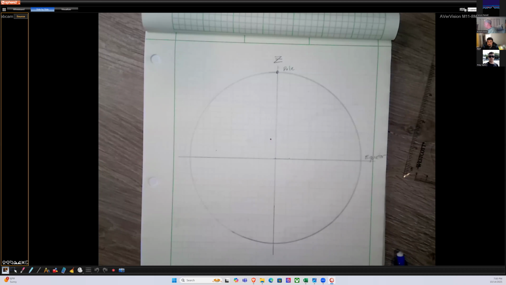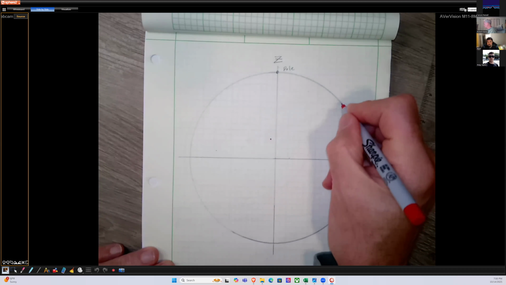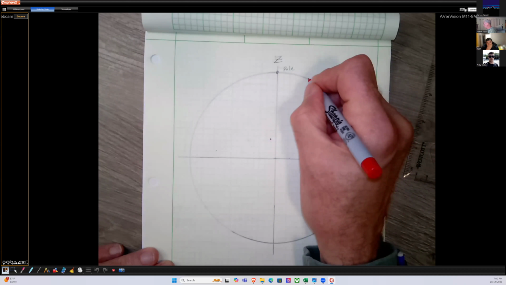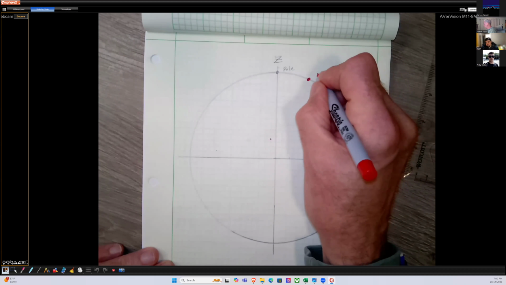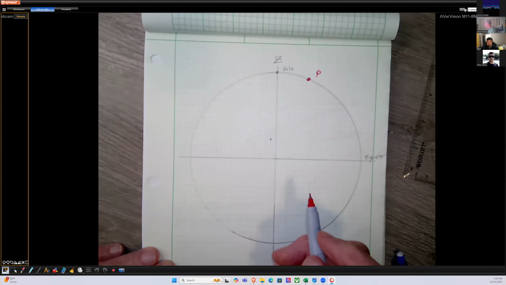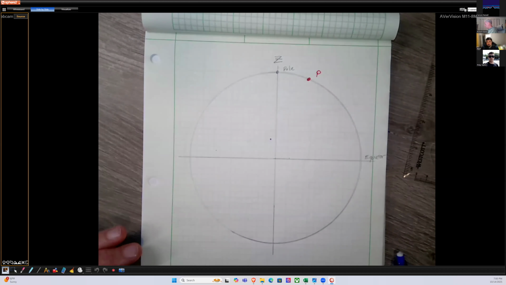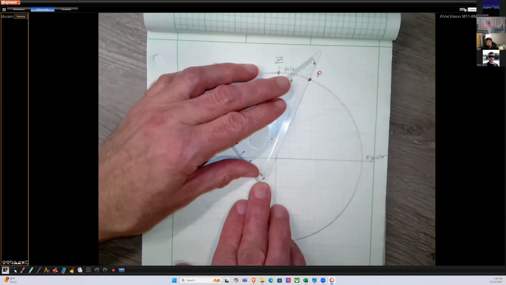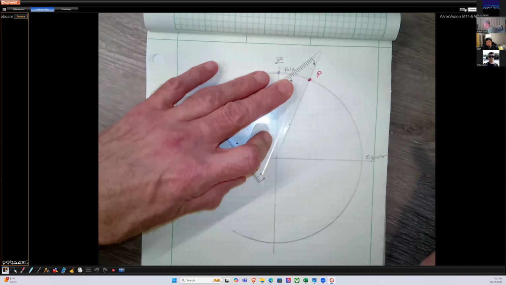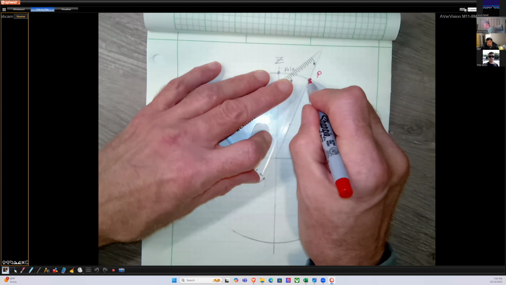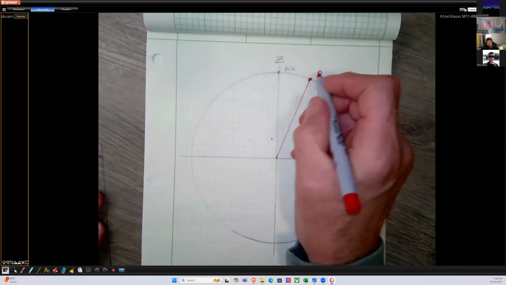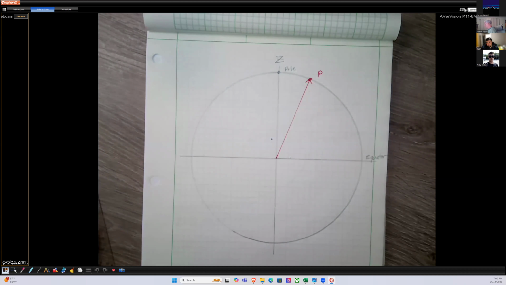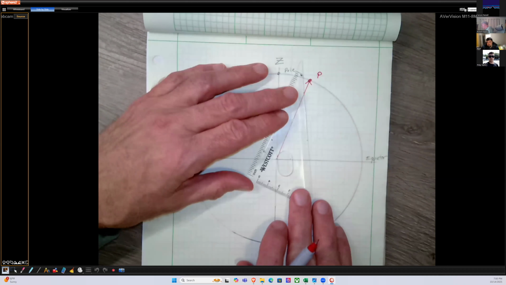Let's say we have some point P. I'll put it here on the surface of the Earth, P. And here's my vector going from the center to point P. Okay. And I just do like I did before.